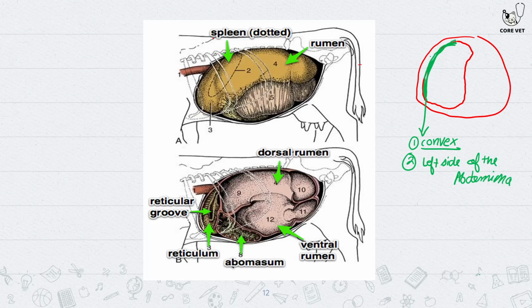You can clearly see that this is the abdominal wall. So the parietal surface is in contact with the left abdominal wall, right? Third, it is in contact with the diaphragm. And the fourth point is it is in contact with the spleen. You can see here that the spleen is present on the parietal surface. This is the parietal view.